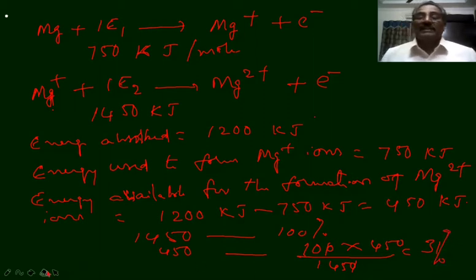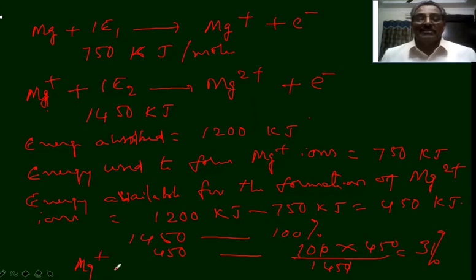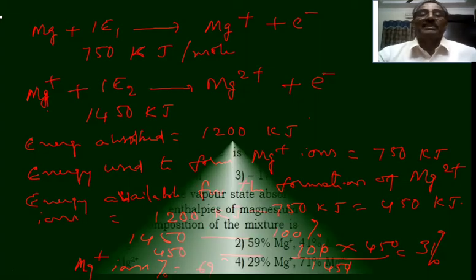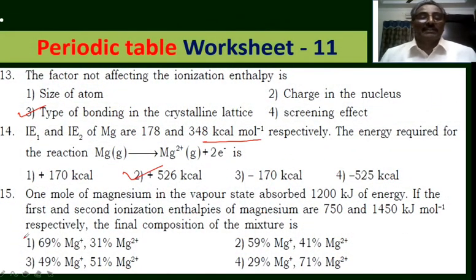So only 31% of Mg2 plus ions will be formed. If Mg2 plus ions are 31%, the percentage of Mg plus ions in the mixture is equal to 69. So in the mixture there are 69% of Mg plus ions and 31% of Mg2 plus ions. So the correct option is the first option.